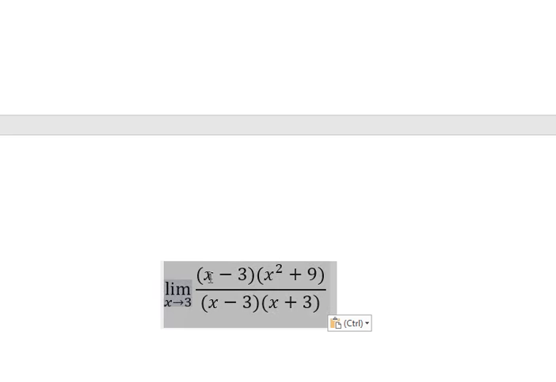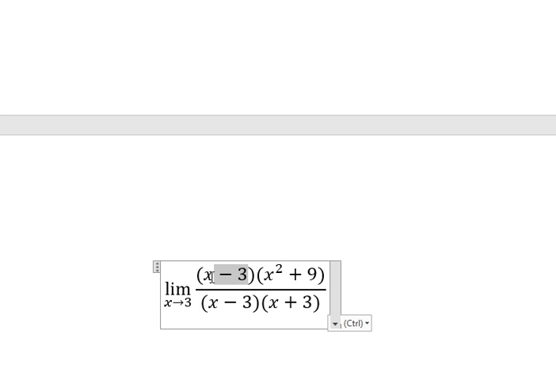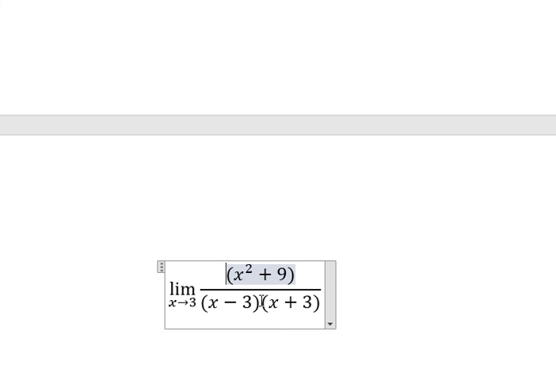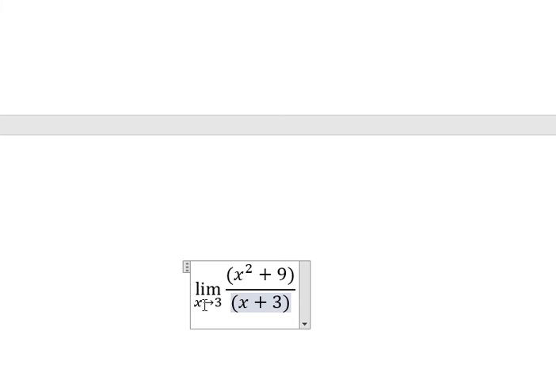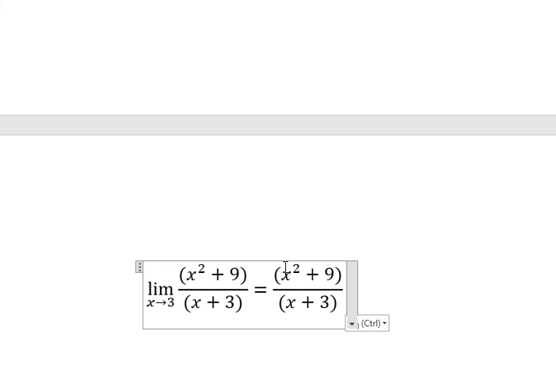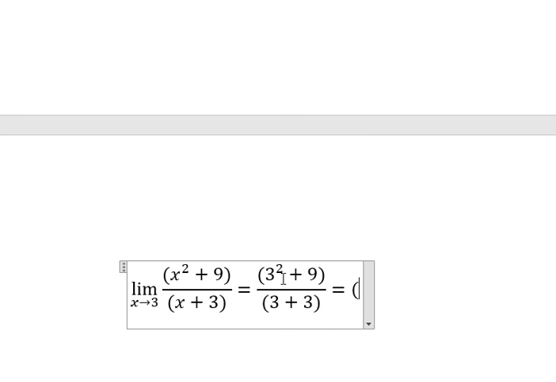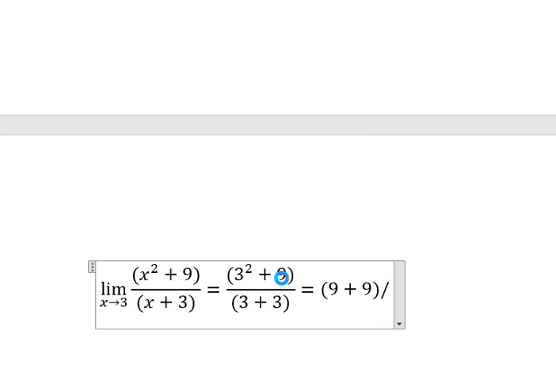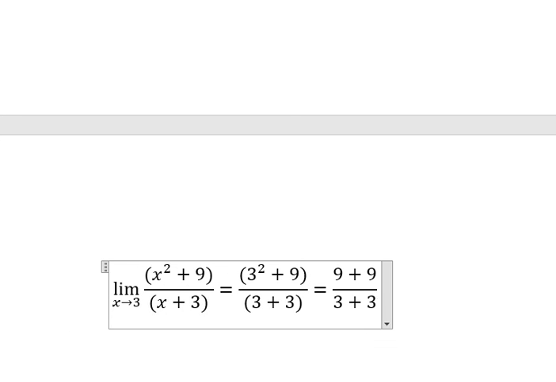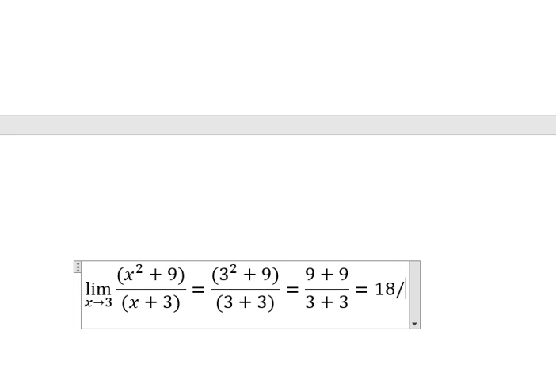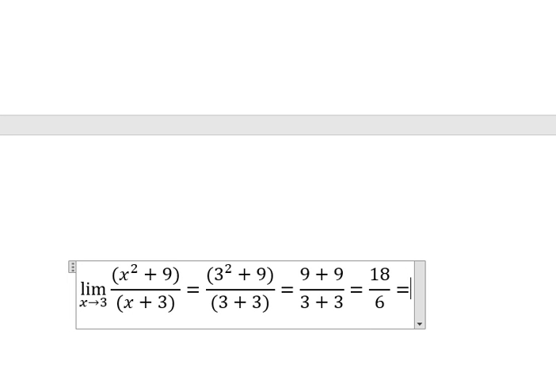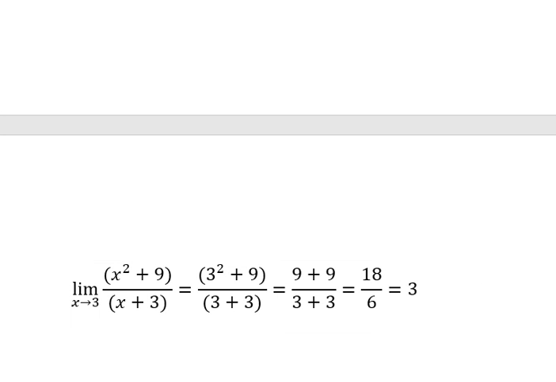Now we can simplify x minus 3 on numerator and denominator. And then we can put number 3 here and here. So we got 9 plus 9 over 3 plus 3. So you will get 18 over 6. And we get 3.